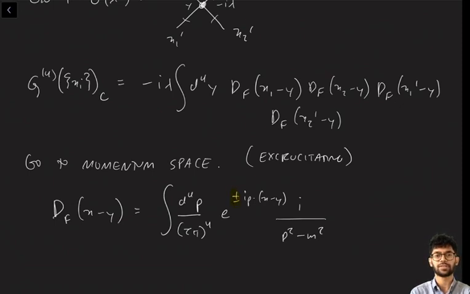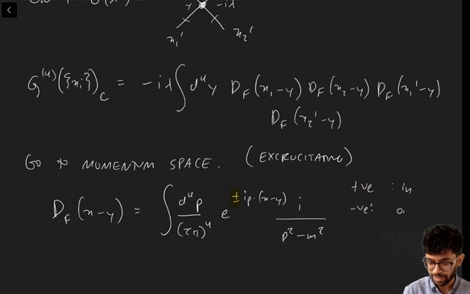It doesn't really matter for the final answer in this case, but it is good to pick that exponent to line up with the power coming in the LSZ formula. Okay. So what that means is it is good to pick the positive exponent for the in states and the negative one for the out states. Yes, that's right. That makes all of the momenta line up nicely with the momenta coming into the LSZ formula.